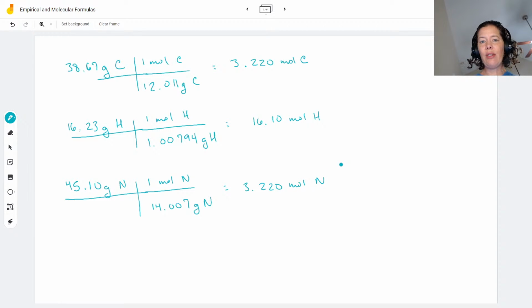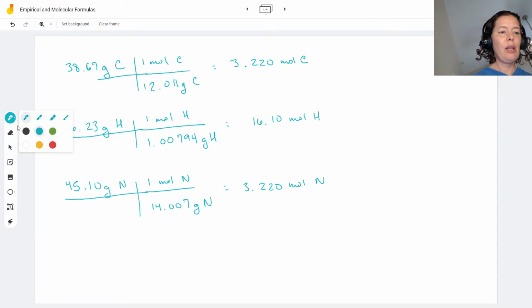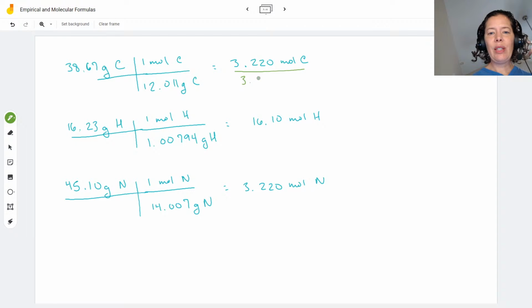So now I just need to find my lowest number, which is going to be my 3.22. And let's get our ratio. At least we know that carbon and nitrogen are going to be quite easy.